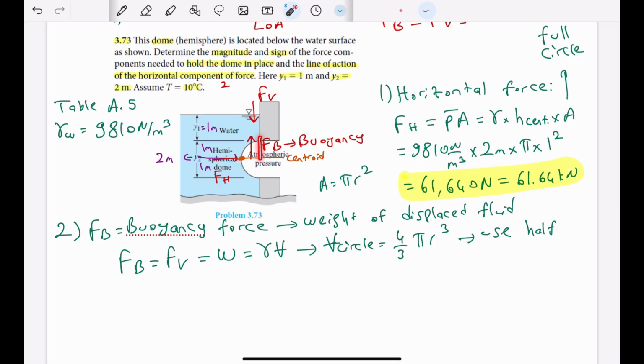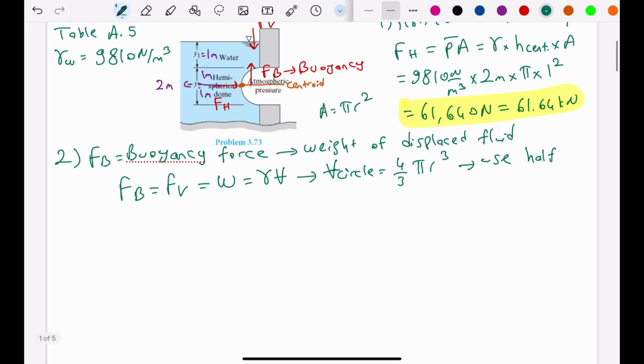So in this case, the displaced volume will be here. So this means we have a half circle here. So we will have half volume. Because, for example, if a body is submerged, the displaced volume will be the portion of that volume. So that we have this half circle.